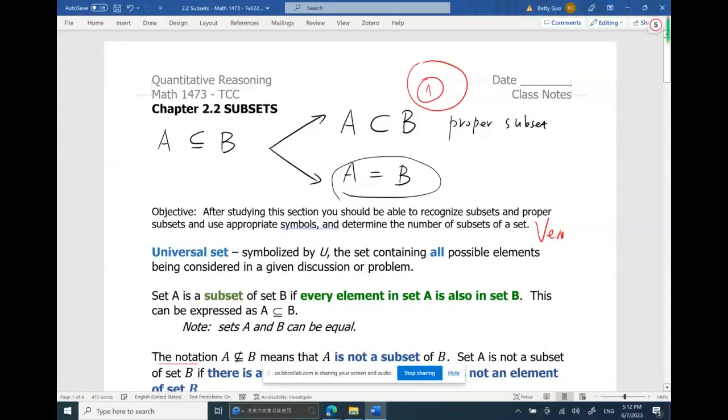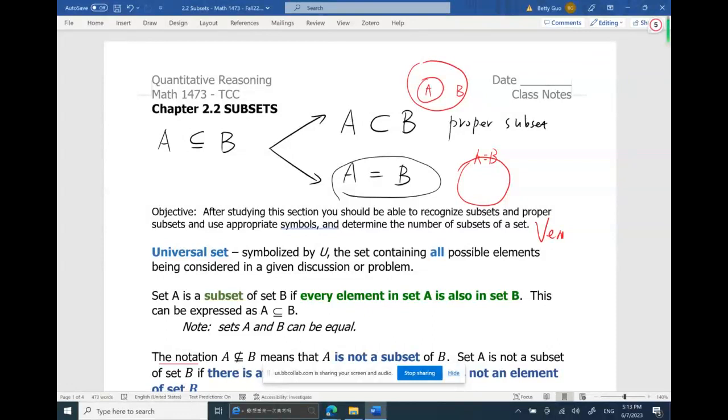Proper subset means set A completely falls inside set B, and the circle of A is smaller than the circle of B. And A equals B means they overlap. A equals B. Does that make sense?